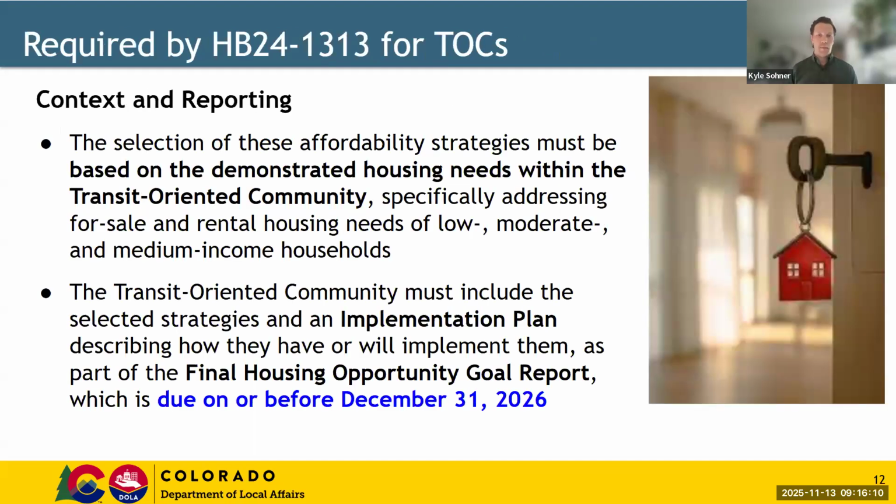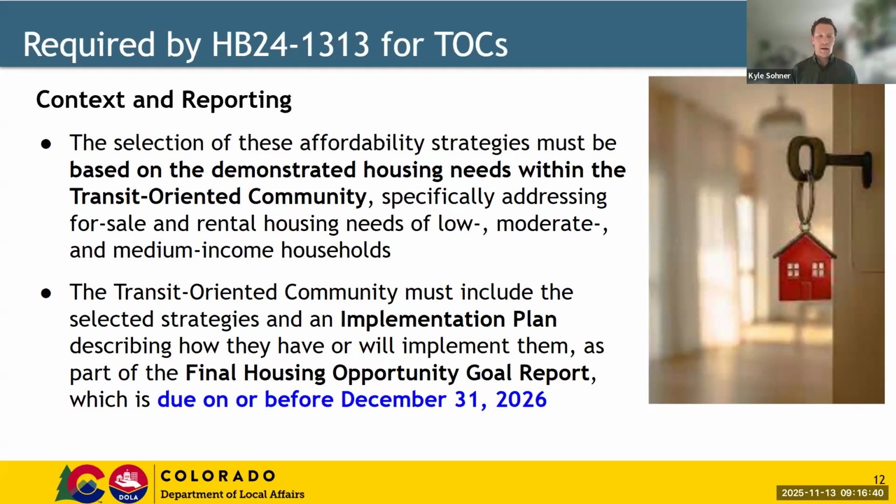And so the law does state that these need to be based on the demonstrated housing needs within your transit-oriented community. And you here are the experts in your community. So, you really do know what is best. And we encourage you to really take a look at that if you're still working on deciding which of these strategies will work.